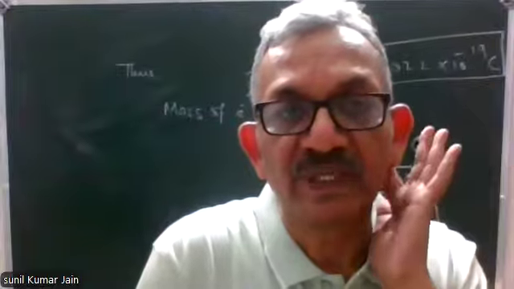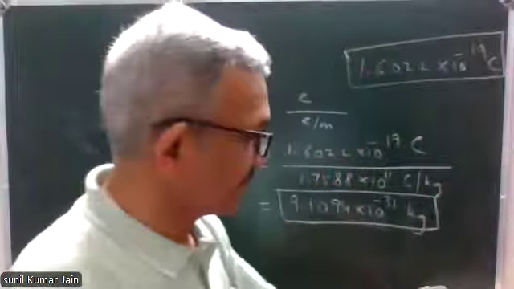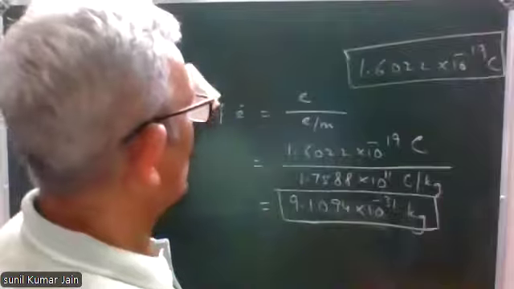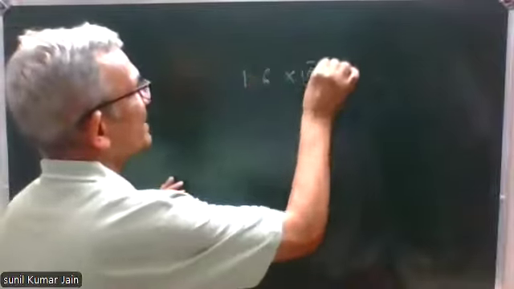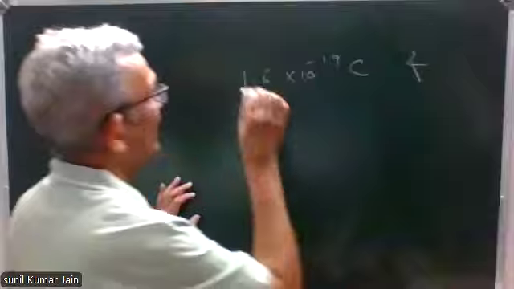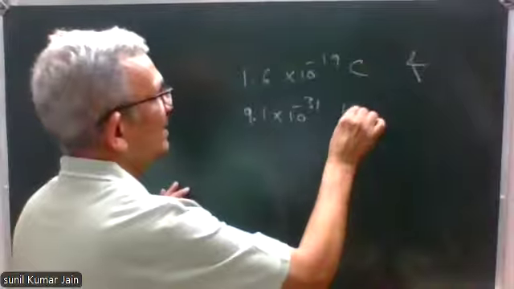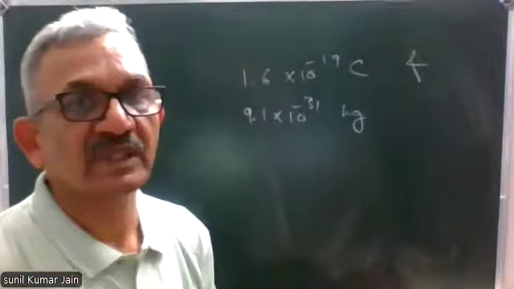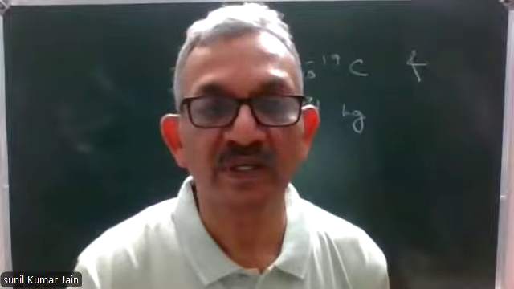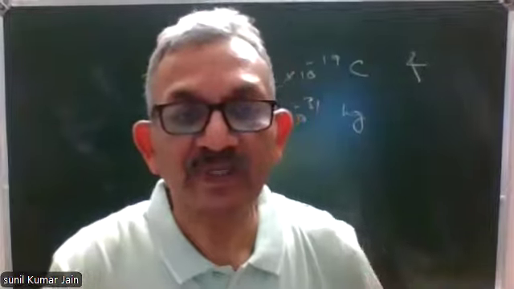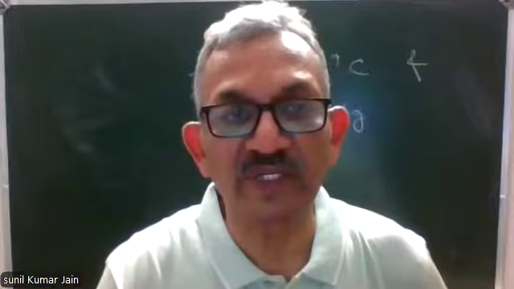Value of charge and mass of electron is rounded off to 1.6 into 10 to the power minus 19 coulomb and 9.1 into 10 to the power minus 31 kilogram respectively. Now, on the basis of this, we'll solve one numerical.